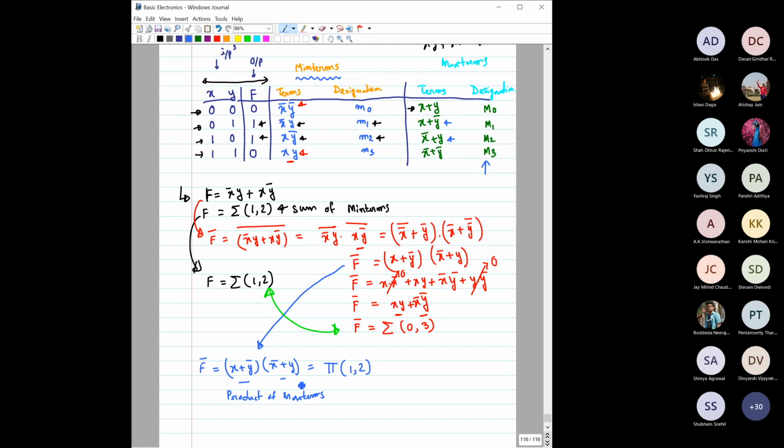Have you understood this part? This is a summation notation, and this is the product notation. This is the product of max terms, and this is the summation of min terms.